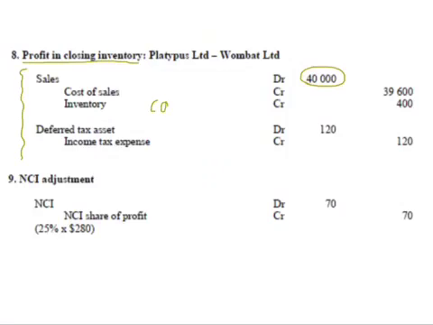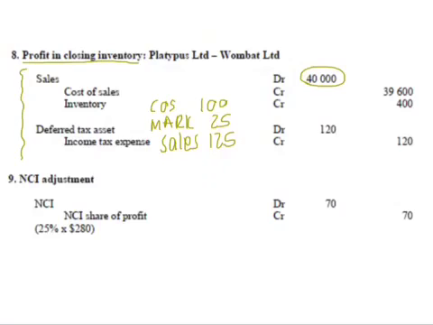So if cost of sales is 100, markup is 25, then the selling price would be 125. Now the inventory has been recorded in the parent company at what it was sold at in the subsidiary. So the figure of inventory reflects the sales price from a group perspective.